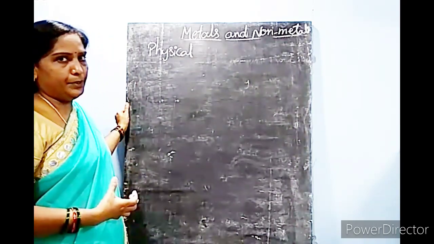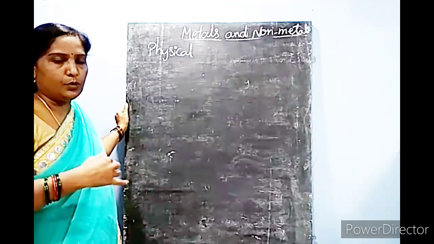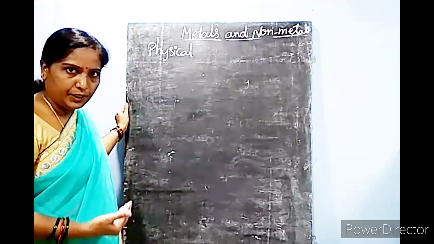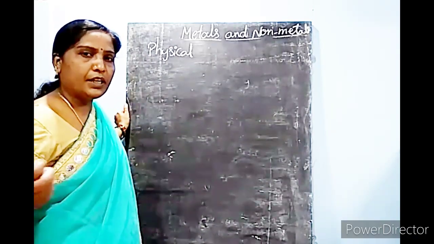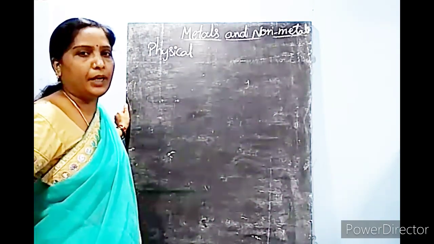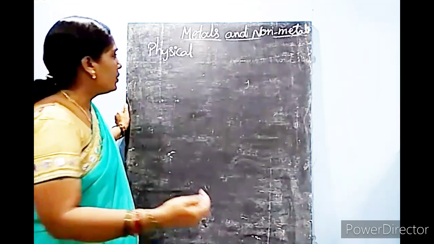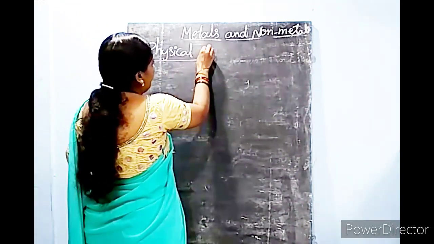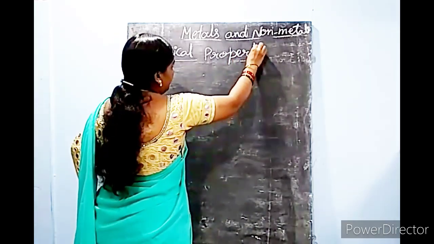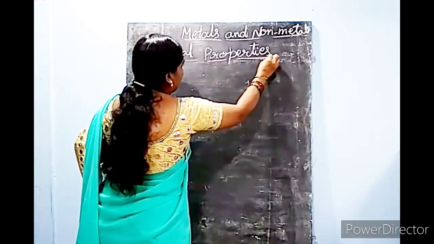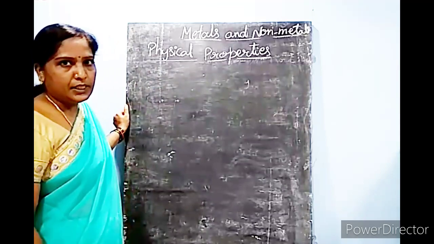It's only by the appearance, how they look and what property they exhibit. Based on that, we can sort the elements into metals and non-metals. So about that we'll read now: physical properties of metals and non-metals.